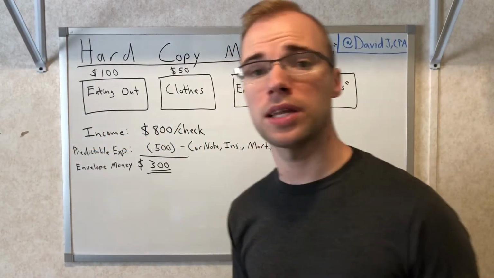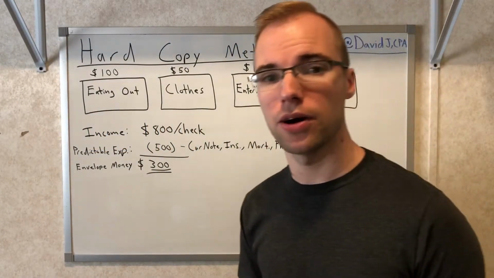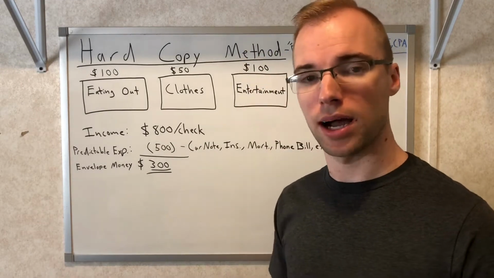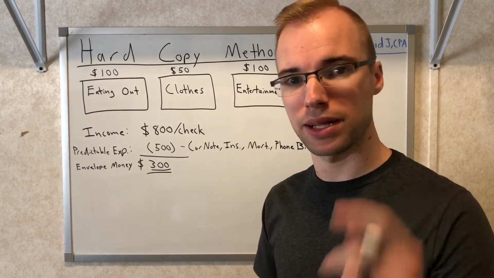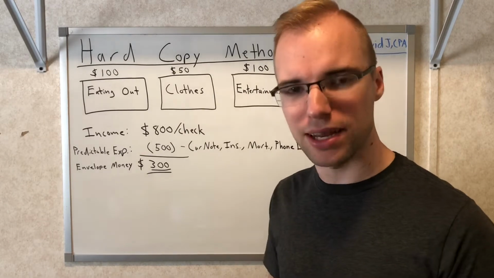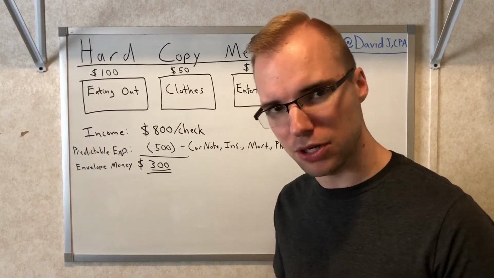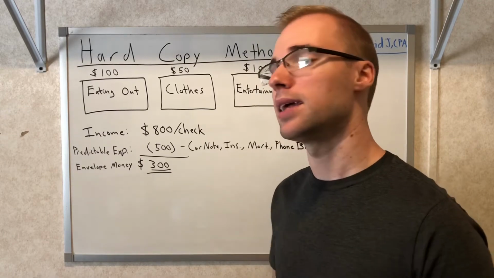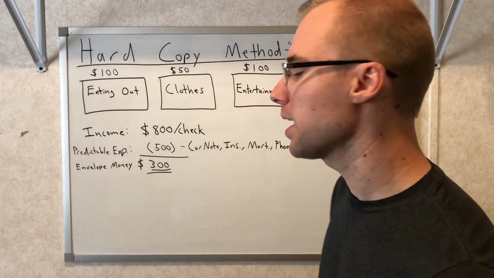If you have not already, please check out my video about the hard copy budget method. I'm going to link the playlist down in the description below. I go into greater detail about the mechanics of this budgeting method. It doesn't really have that many mechanics.